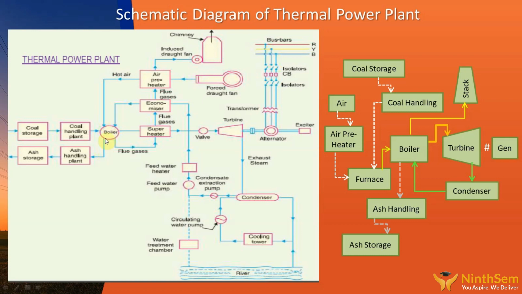In addition, there will be some ashes, which are handled by the ash handling plant and finally stored. So the coal storage and coal handling plant, and the ash handling plant and ash storage, are the two important systems in this thermal power plant.